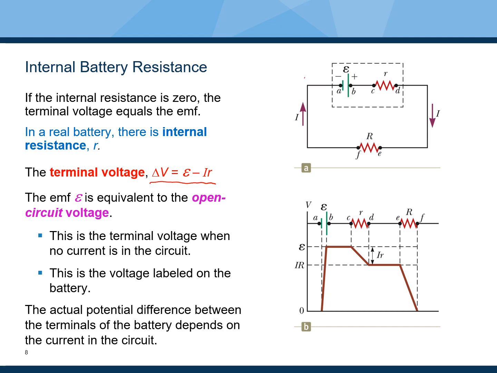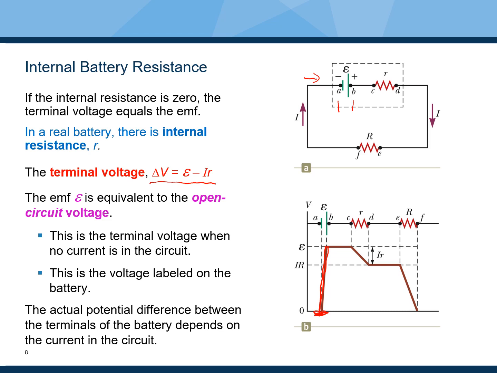Imagine that the charge is coming along out here and it reaches the point A. At the point A, we can say that it has some datum amount of energy. Let's call that 0. And as it flows through the idealized part of the battery from A to B, it actually acquires an increase in its potential energy and an increase in its electric potential.